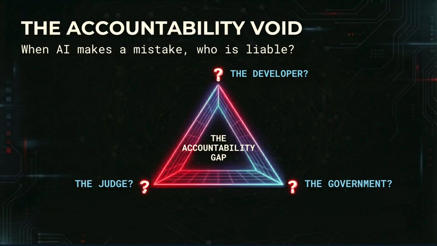And yeah, what happens if AI makes a mistake? Who to blame? The developer, the judge, or the government? It's still a gray area, right? So it's a tangled web of accountability and responsibility when AI gives an incorrect outcome and takes part in the wrong decision. The solution here is never to give AI full authority.